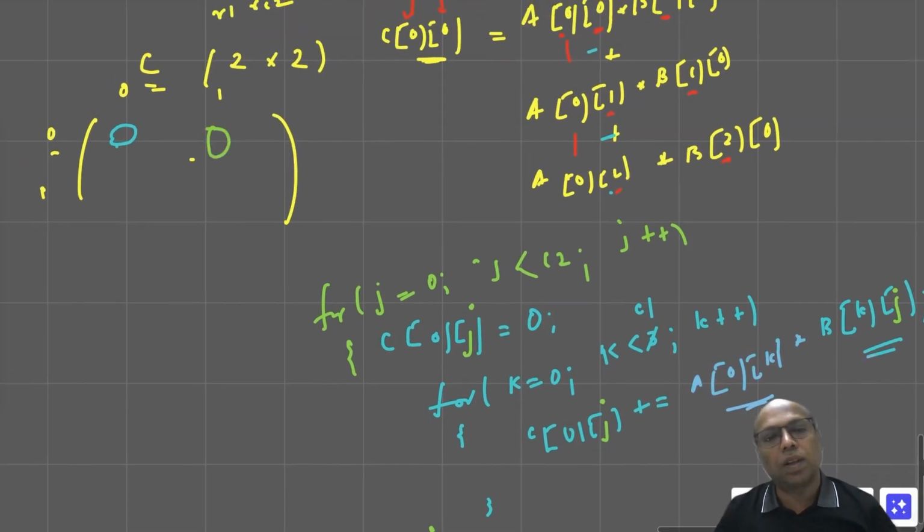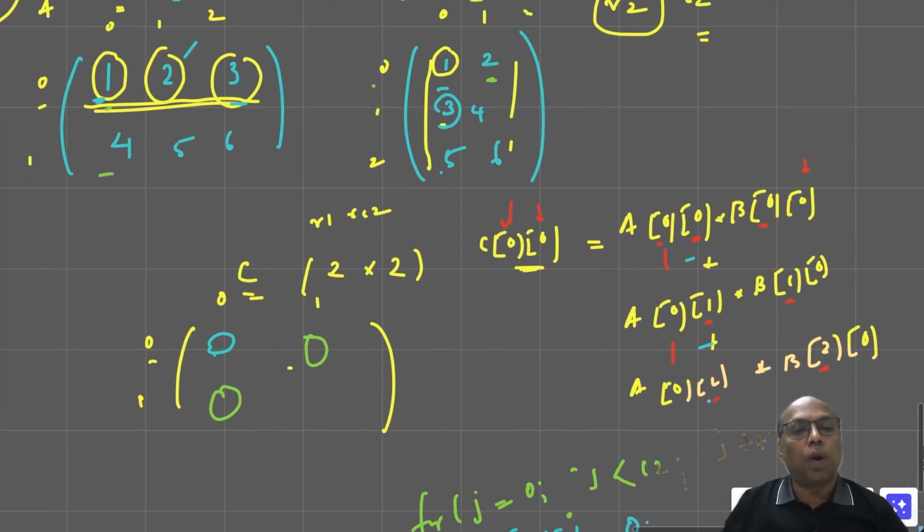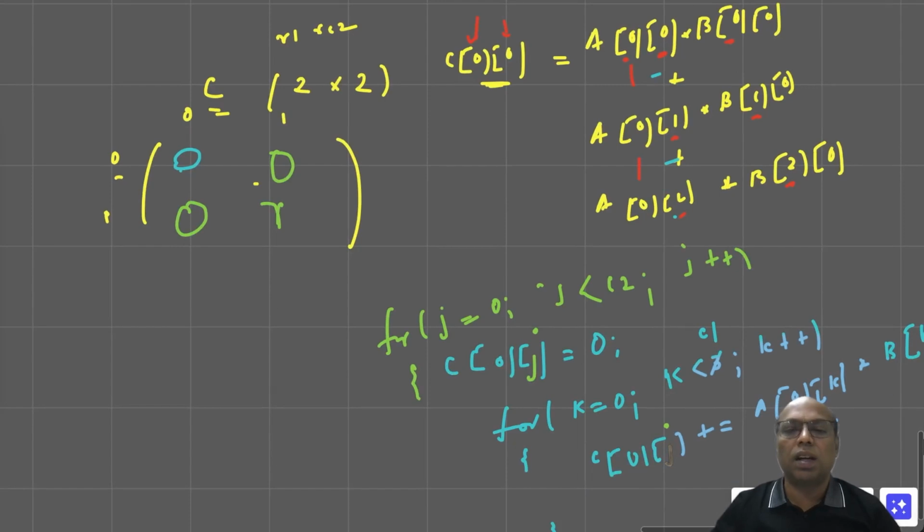Now I need to go for the next row. That means if you want the C of 1, 0 value, what should you do? A of 1 needs to be multiplied with B of 0. If you want the next one, then 1, 1. A of 1 needs to be multiplied with this column. Correct? So the same thing you need to do. Therefore, another index is needed.